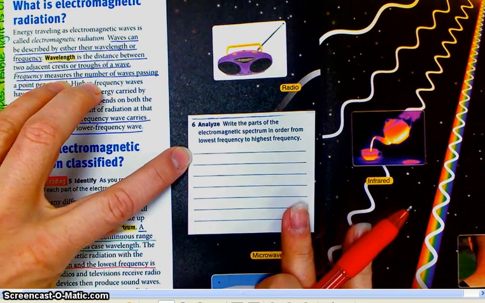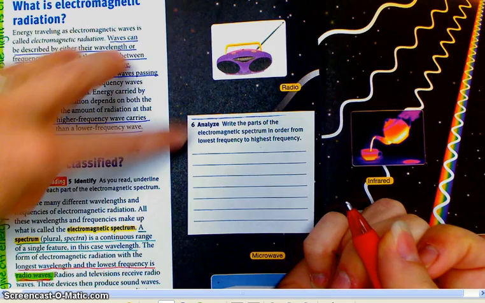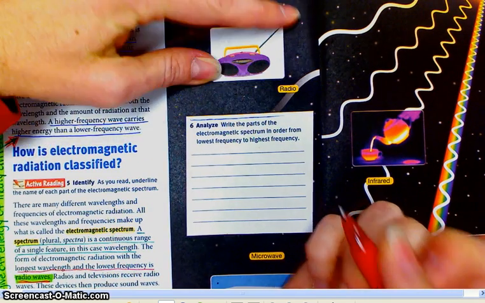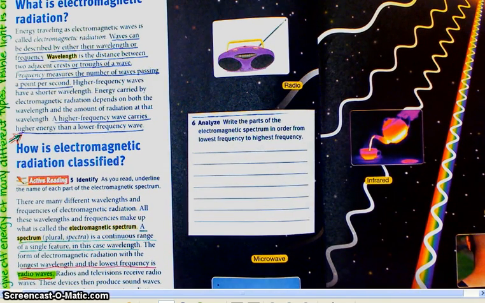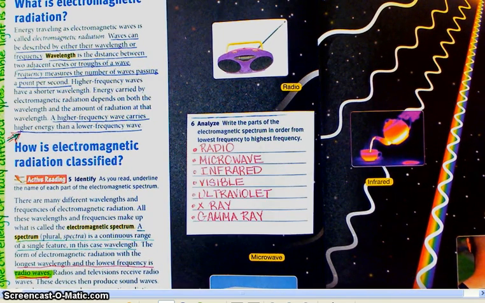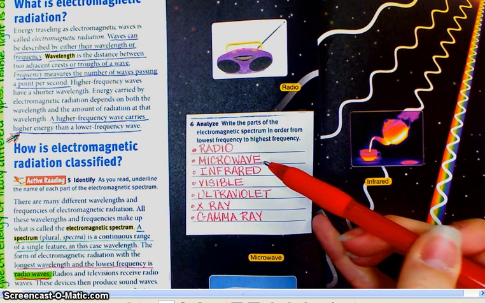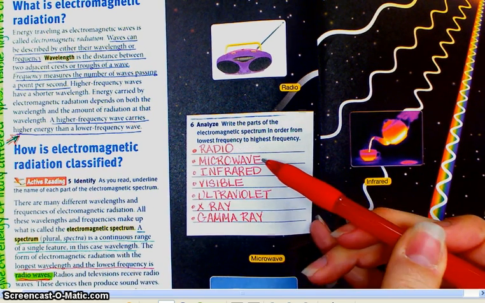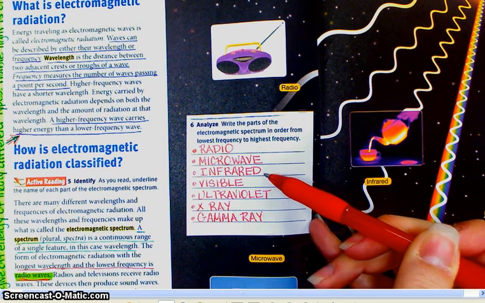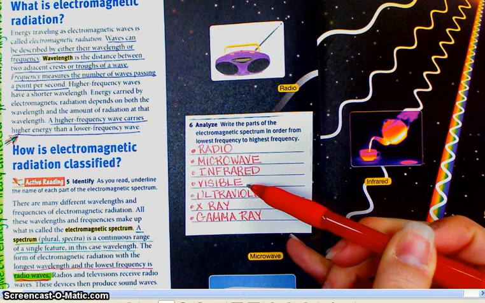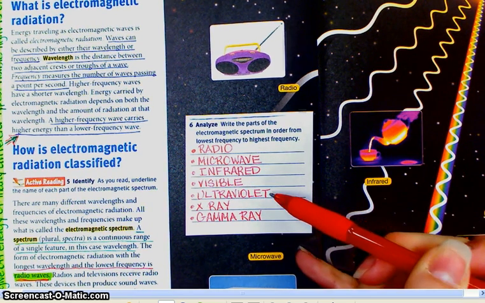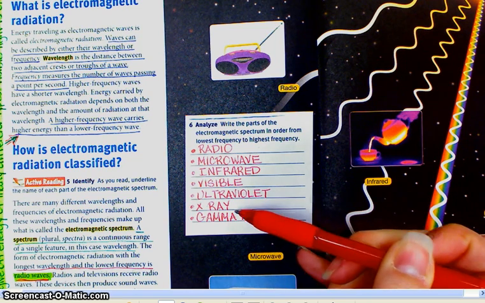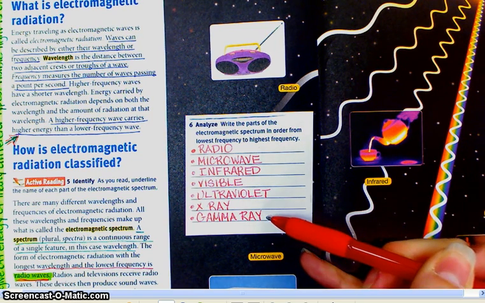Write the parts of the electromagnetic spectrum in order from lowest frequency to highest frequency. Okay, voila, it's appeared magically. So the lowest frequency and longest wavelength is radio, a little bit shorter is microwave, a little bit shorter than that is infrared, a little bit shorter than infrared is visible, a little bit too short for visible is ultraviolet, shorter than that, X-ray, even shorter than that, gamma ray.